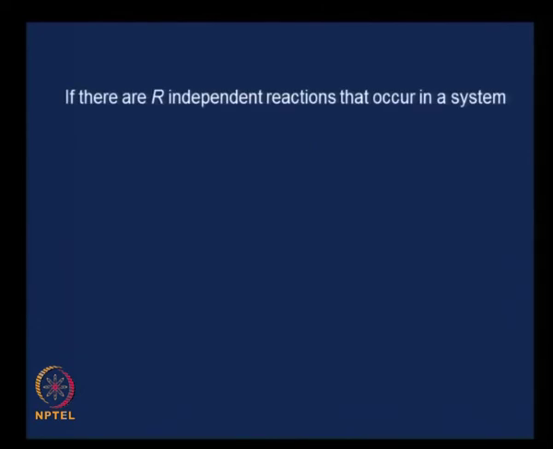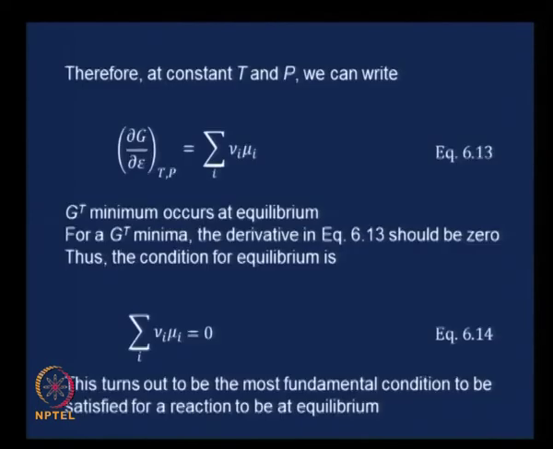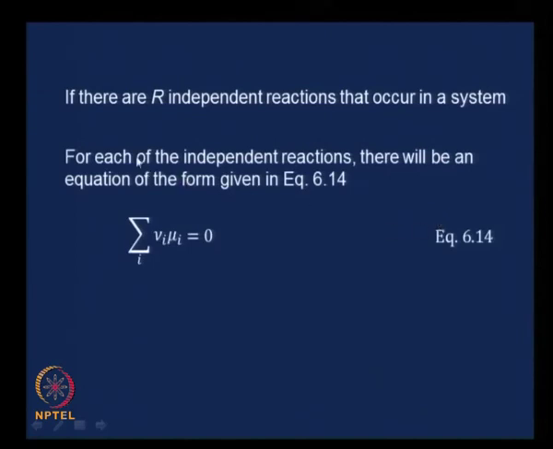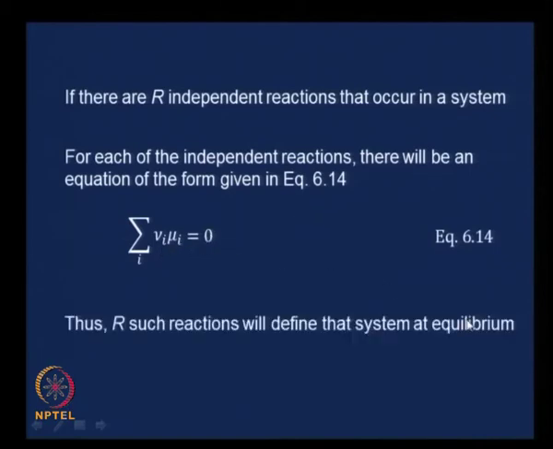Let me see whether we can go further a little bit. If there are independent reactions that occur in a system, for each of those independent reactions there will be an equation of the form 6.14, that is sum of nu_i mu_i equals 0.